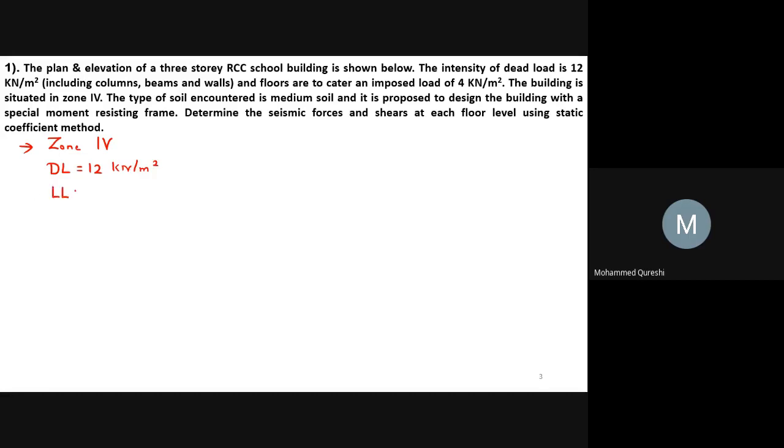Then imposed load or live load is given as 4 kilonewton per meter square, and the soil type is medium, and the lateral load resisting system is given as SMRF, that is special moment resisting frame.